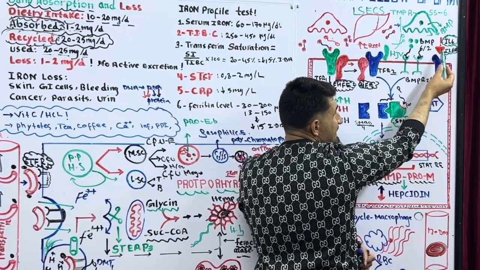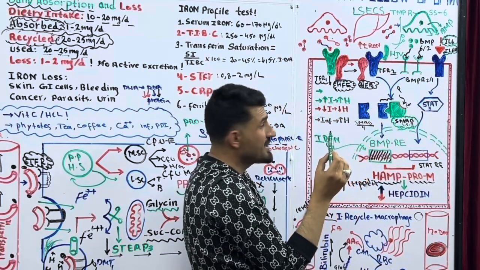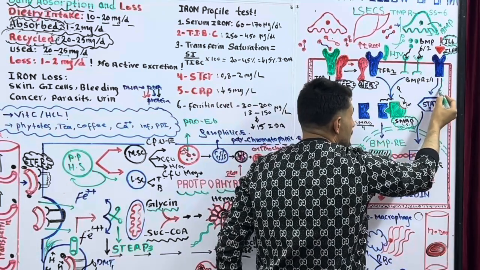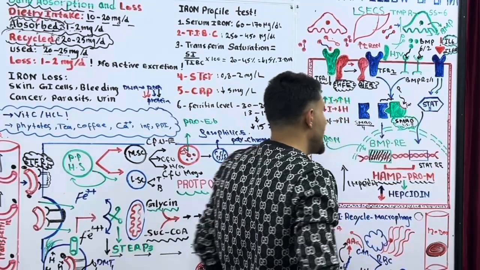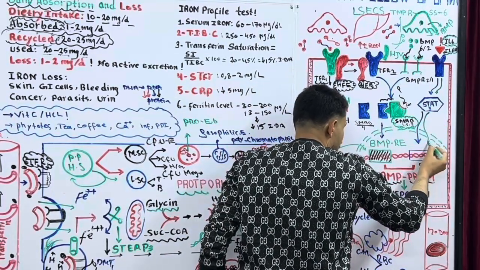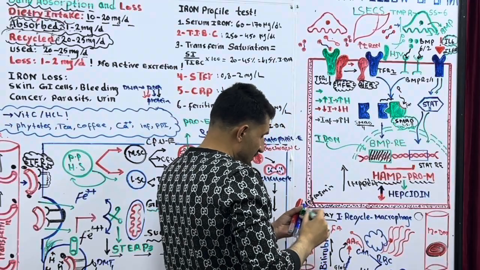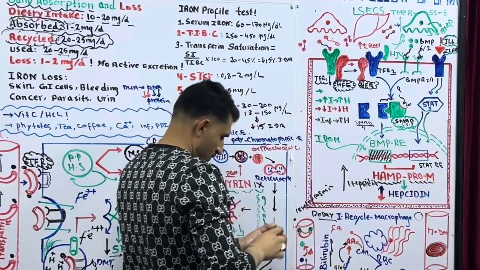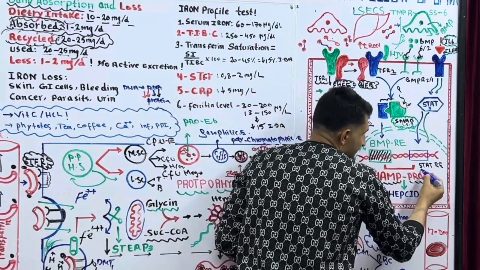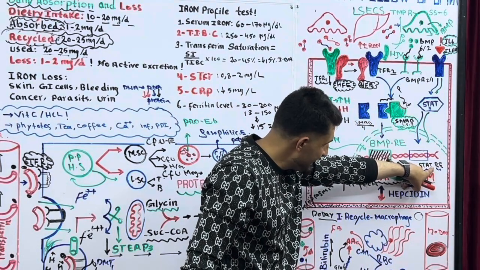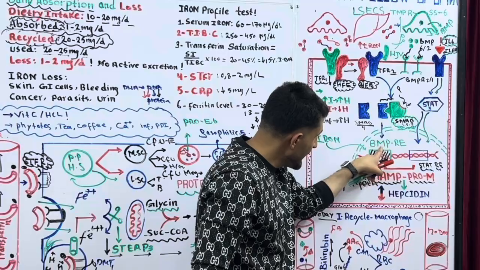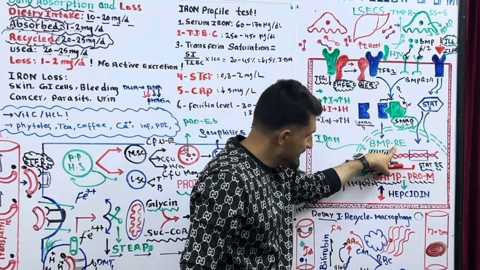So interleukin 6 stimulates the interleukin 6 receptor, and it also generates a pathway which is called the STAT3 pathway. Due to this pathway, this gene is also stimulated through the STAT3 responsive area, and this is the BMP responsive area.